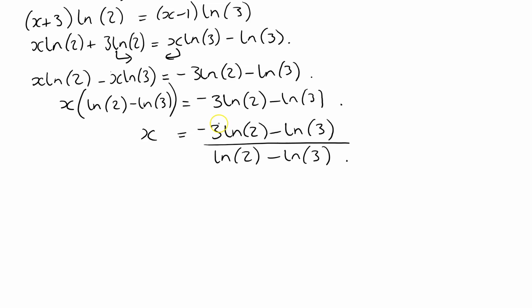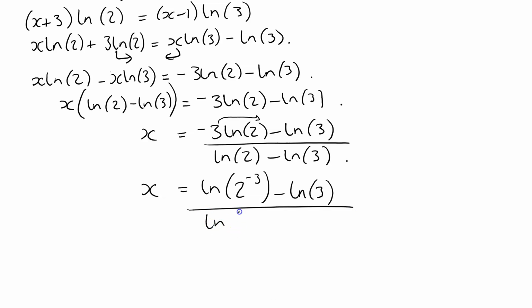So what can I take? I can take the minus 3 into this, so that will become ln of 2 to the minus 3 minus ln of 3, ln of 2 and ln of 3.